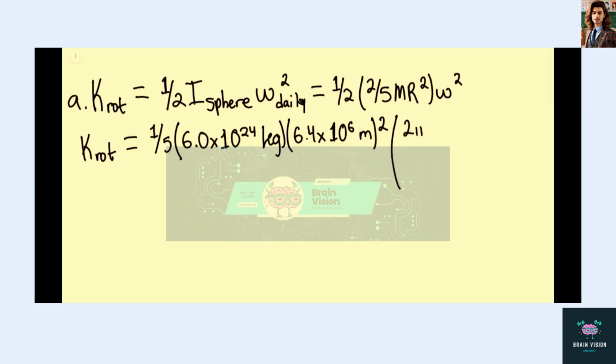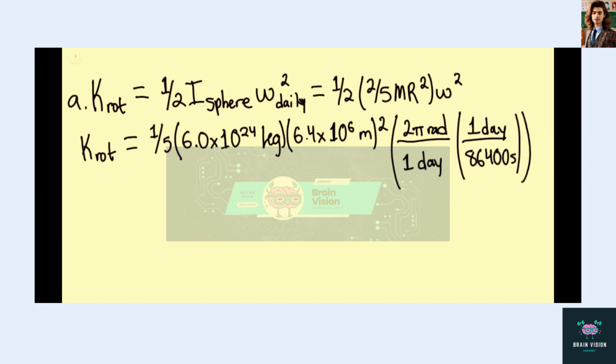So we have 1 revolution, 2 pi radians, for every 1 day. And then we're going to multiply this by 1 day, and there are 86,400 seconds per day. And we are squaring this entire term.